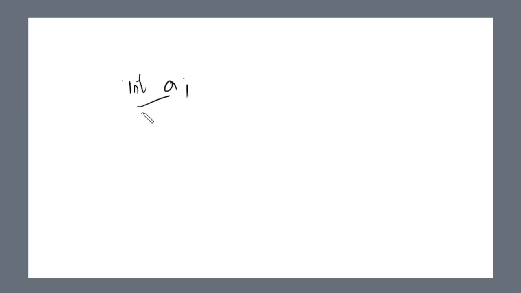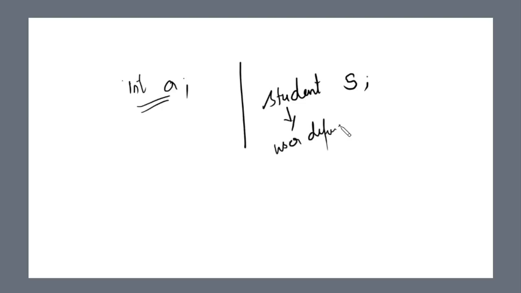This is a built-in data type, so I am directly using it. Now the data type that I have created is student. So I have to create a variable for this data type, which becomes a structure variable. For example, here I am giving it as s. Now s is a structure variable and student is the user defined data type.